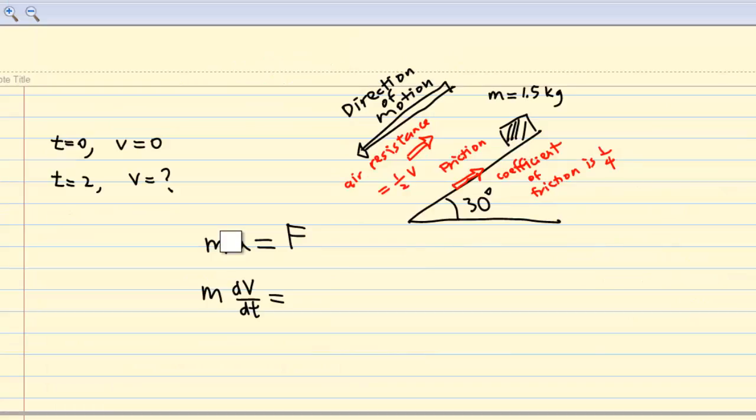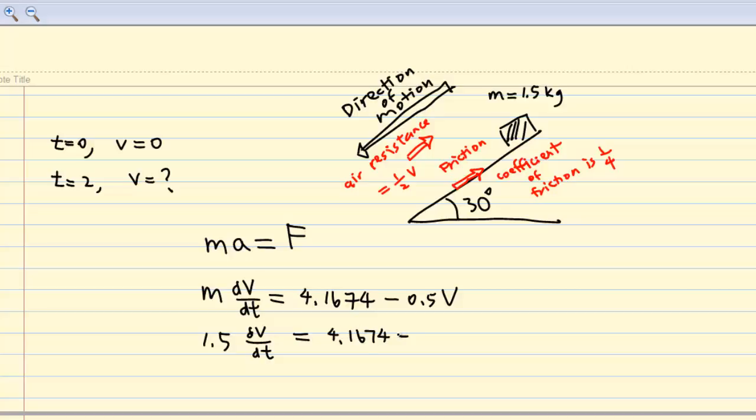To summarize, we have m times a equal to F, where a is dv/dt, and F is 4.1674 minus 0.5 V. Now m is 1.5, so we have 1.5 times dv/dt equals 4.1674 minus 0.5 V. Divide both sides by 1.5.